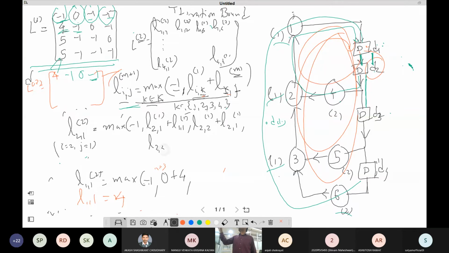L23 of 1 plus L31 of 1. L24 of 1 plus L41 of 1. Again here the K is 1 consider, K is 2 consider, K is 3 consider, K is 4 consider. And this I is equal to 2 and J.